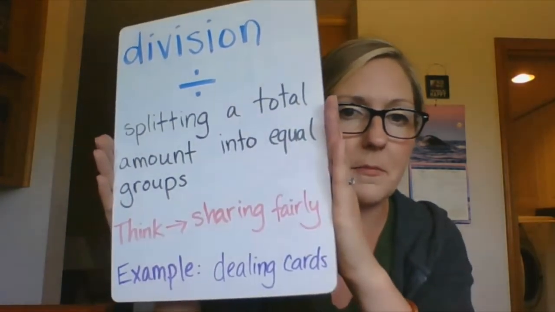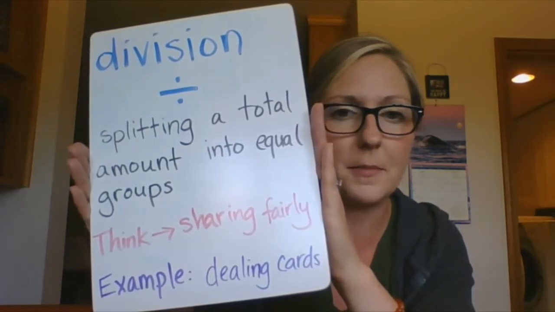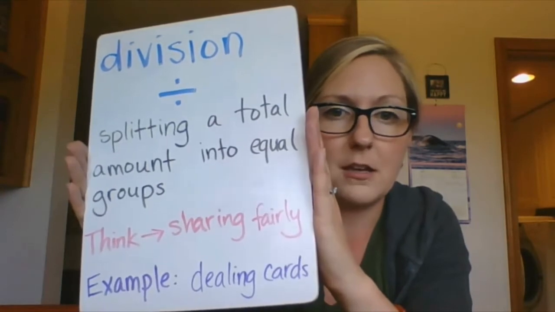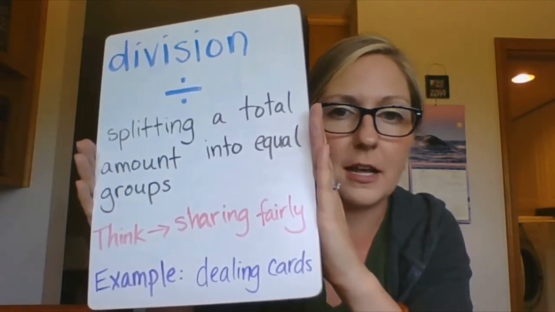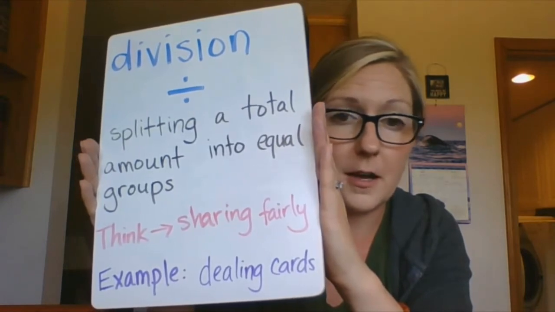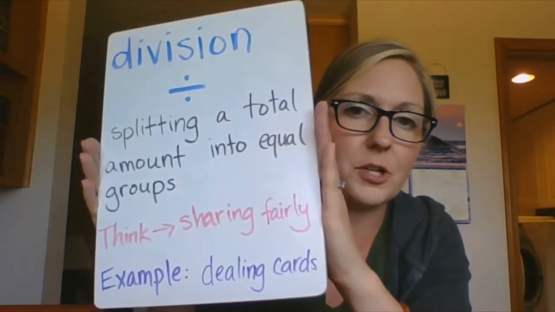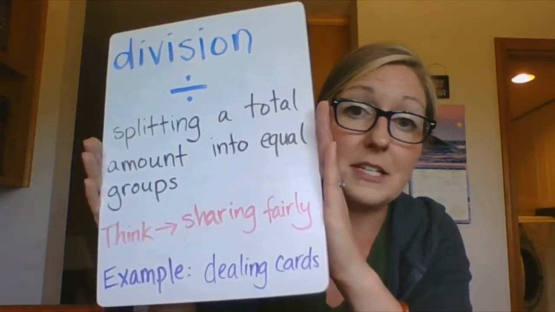One thing that helps you remember what division really means and what it's all about, think about sharing something fairly with other people or a group of people, sharing fairly out of a big amount of something. And a real life example where we see division is dealing cards.